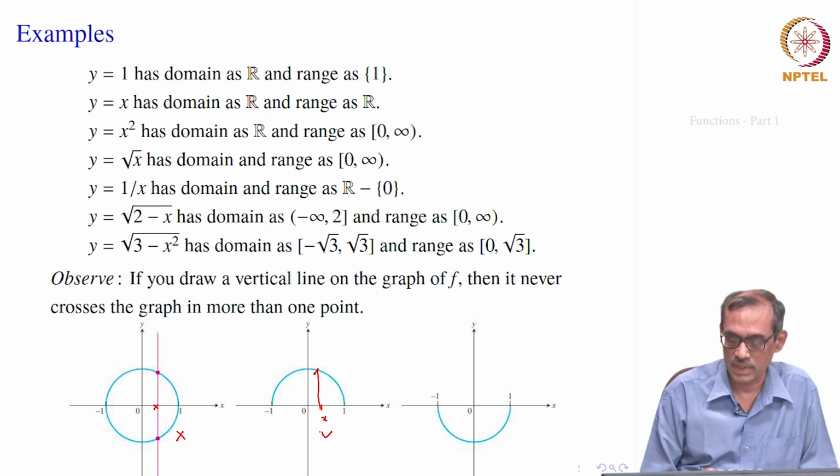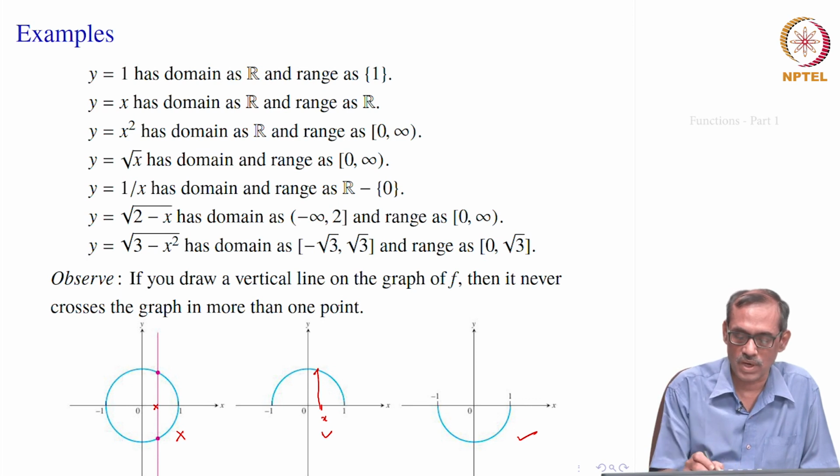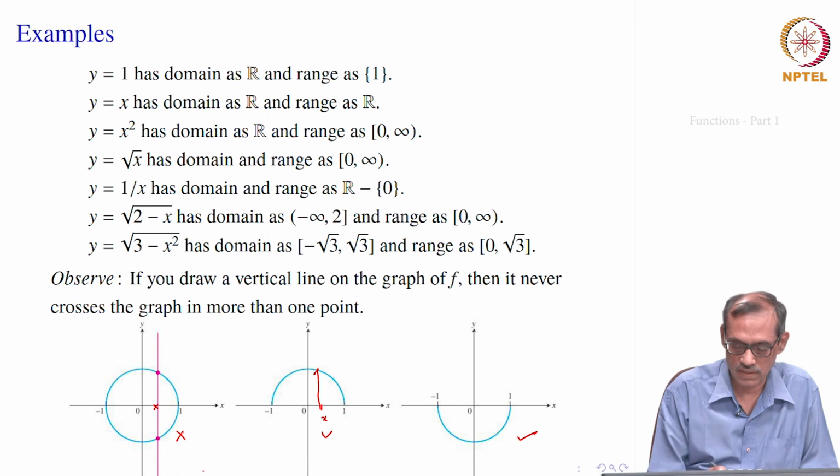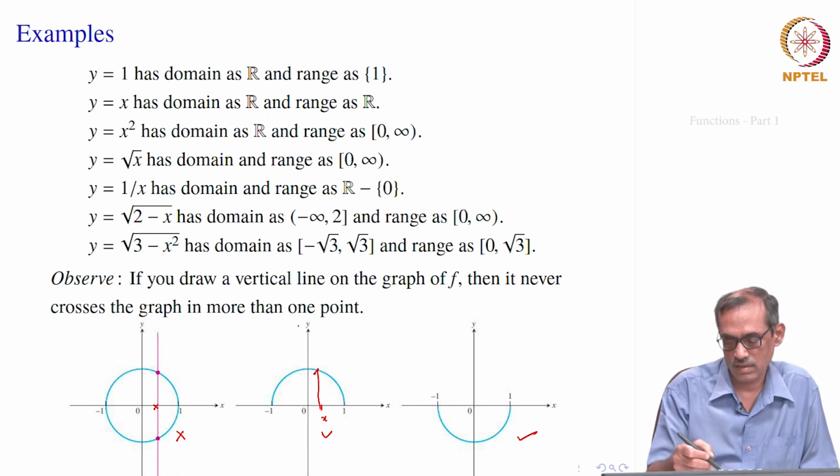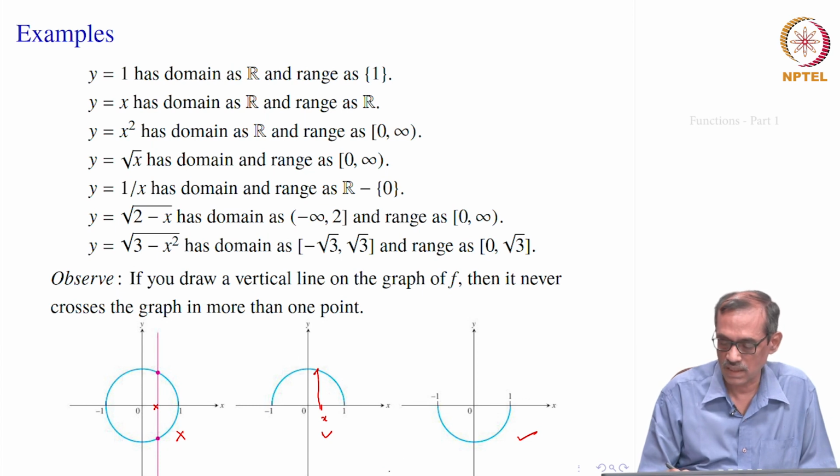This can be graph of a function, this can be graph of a function. So, all that you need to know is, if you draw a vertical line on the graph of f, then it never crosses the graph in more than one point. That is what happens here, that is why it is not giving a function. So, the circle does not depict a function in this sense, but the semicircle either above the x axis or below the x axis, they depict the function.